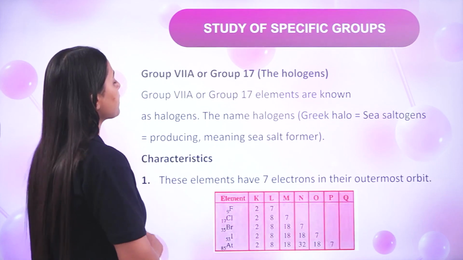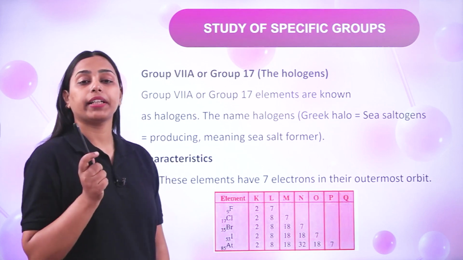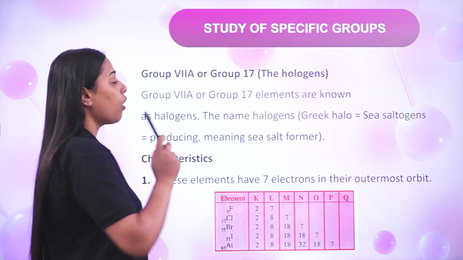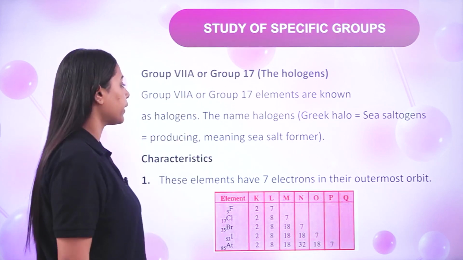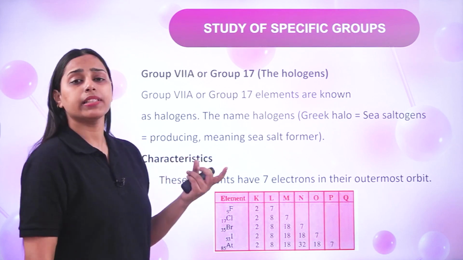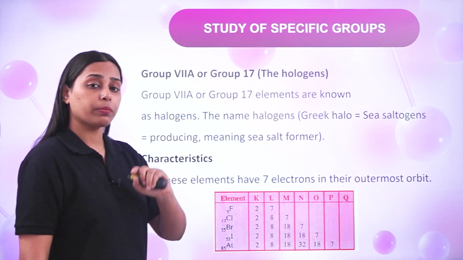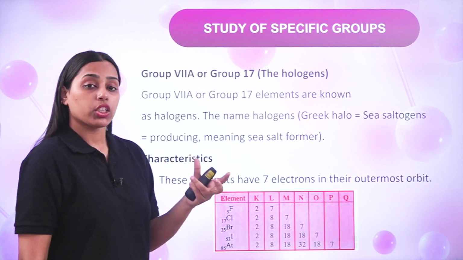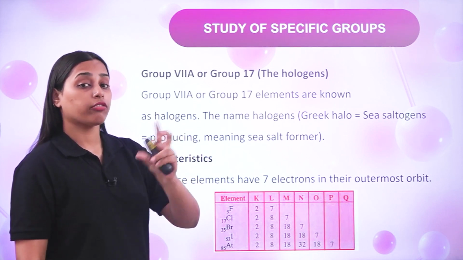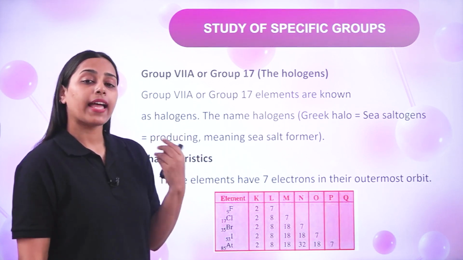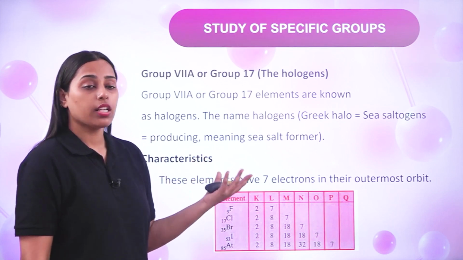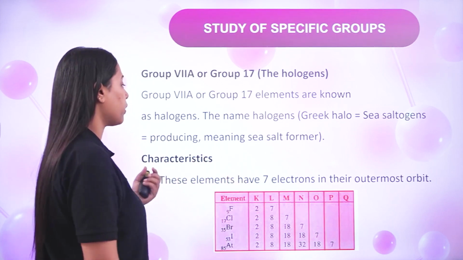Then the next specific group we have is group 17, the halogen family, or group 7A as it is also written. Their members are fluorine, chlorine, bromine, iodine and astatine. Halogens, from the Greek meaning salt formers. They exist in the form of salts because they form salts easily, so they are known as halogens.